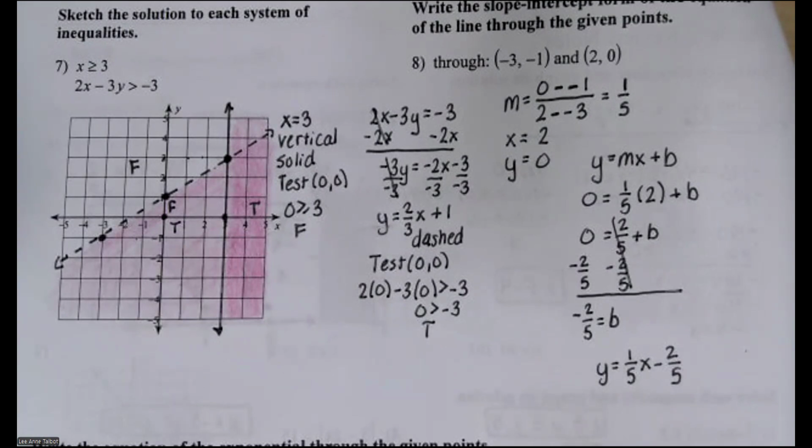You're a jerk. Now, on this problem, if you put minus 0.4 right here, I would not be mad. But I do not want you to put the slope as a decimal. But the y-intercept, if you put that as 0.4, I'm not going to be upset. Okay, anything about 7 or 8 before we move down?